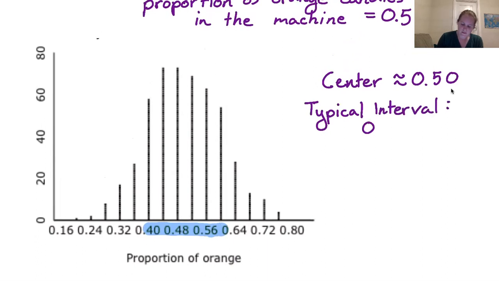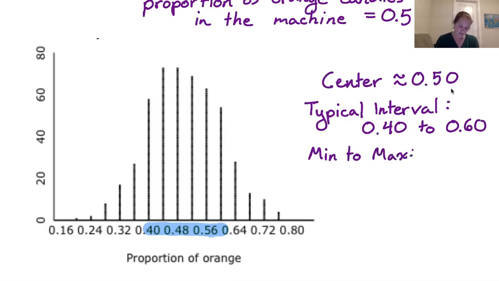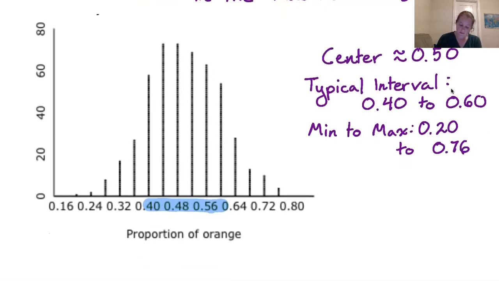Our min to max interval, we are looking from 0.20 to 0.76. And the shape appears to essentially be normal. We have symmetric with a central peak. It's basically normal.